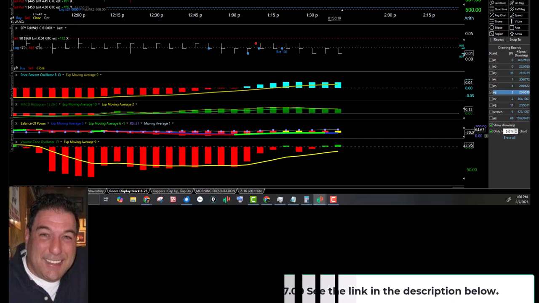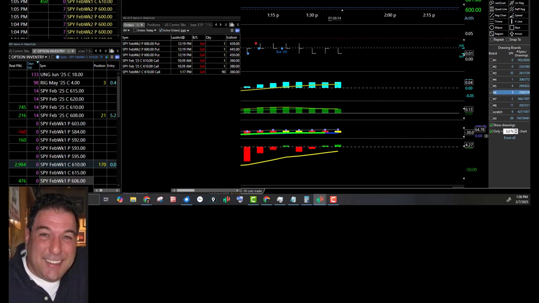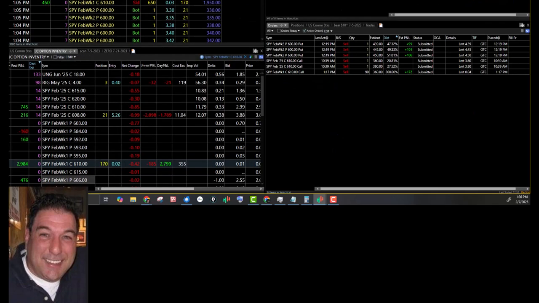Okay, you can see these right here, the calls that I doubled down on are starting to look attractive because as price moves closer and closer to 610, these increase in value. They were up at 3 cents. I had some that I bought at 2 cents that I was willing to let go at 4 cents.